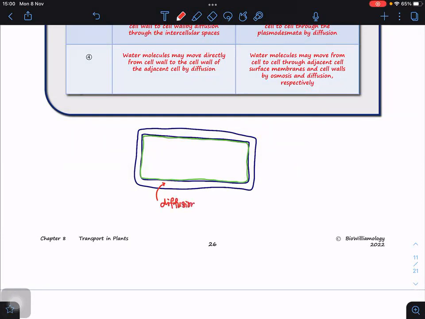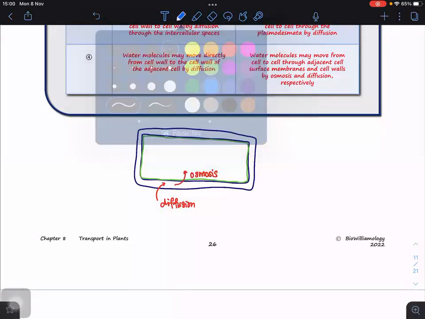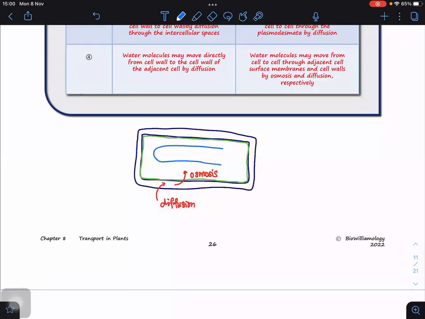Sorry, my bad. Then from the cell wall entering into the cytoplasm, in this case it is by osmosis. Are you clear? If I continue to draw, if this is the vacuole, then if the water molecule now moves into the vacuole, it crosses the tonoplast, so again by osmosis. But if the water molecule moves within the cytoplasm, this one is by diffusion.